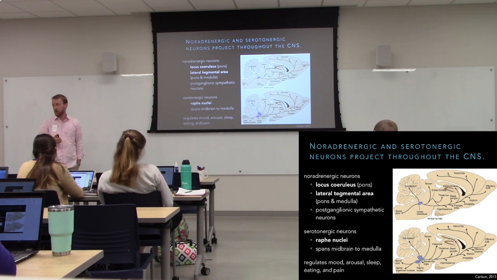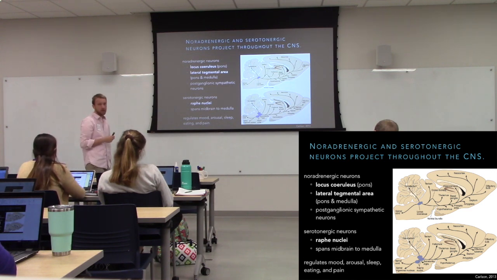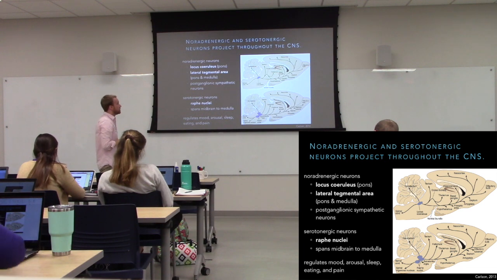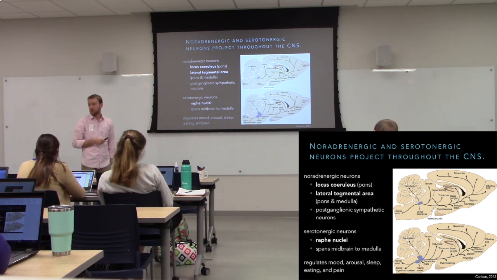They are the postganglionic component of the sympathetic nervous system. More on that later when we talk about the autonomic nervous system. But whether you're central or peripheral, you're still releasing norepinephrine. That's going to bind to its receptors and modify cell function. We'll talk about their receptors in the next lecture. But discrete populations, they're not scattered throughout. That's the only important point here.